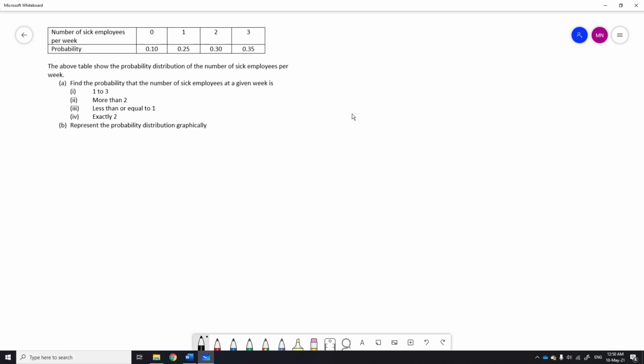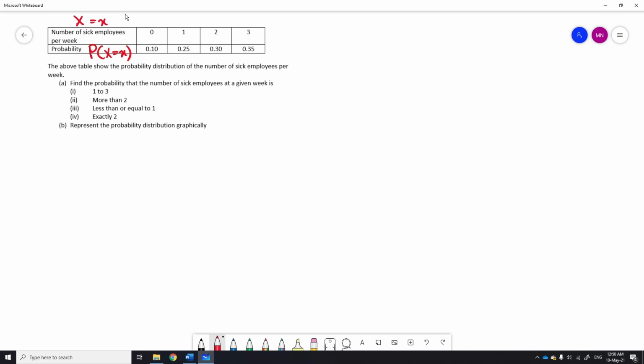Now let's look at an example. The table shows the probability distribution of the number of sick employees per week. Based on the table, the first row, the number of sick employees per week, represents the random variable x equal to 0, 1, 2, and 3. So the probability is P(X = x).